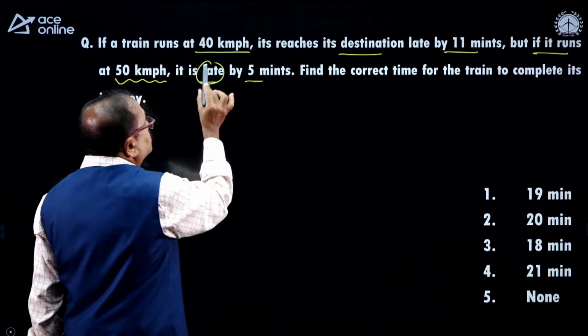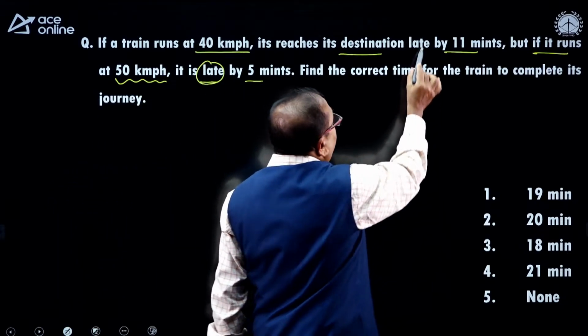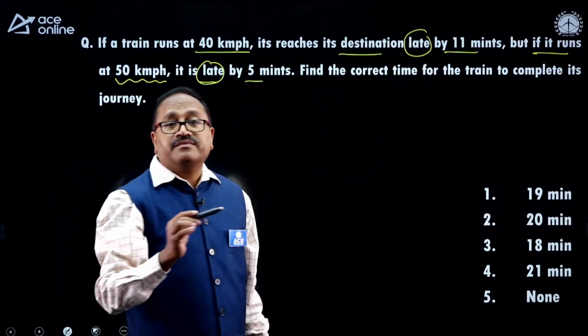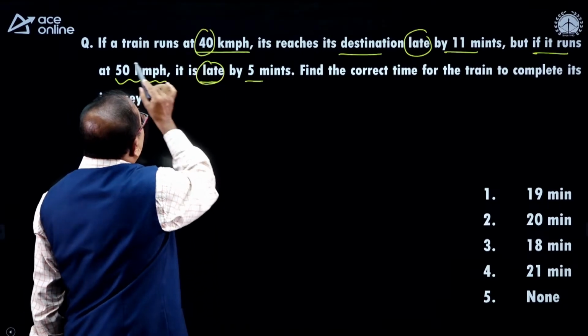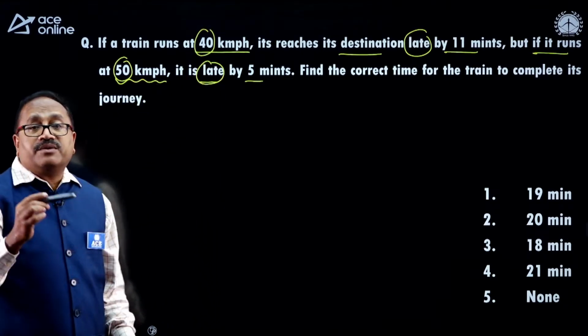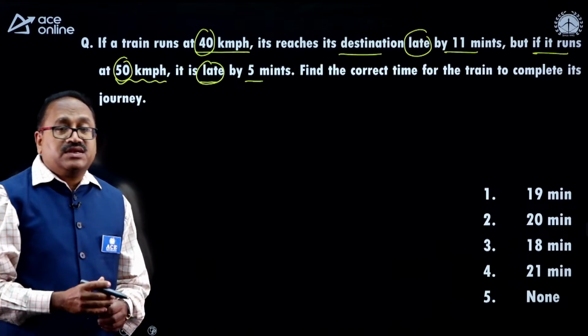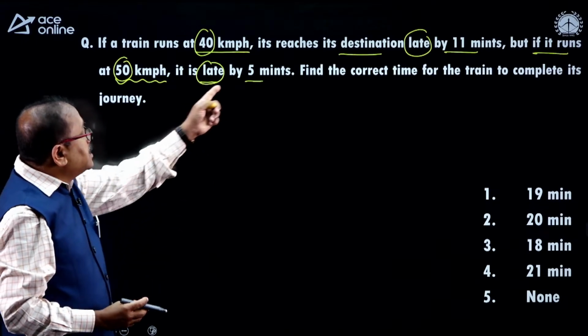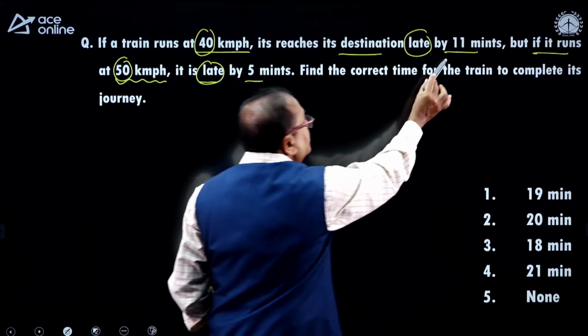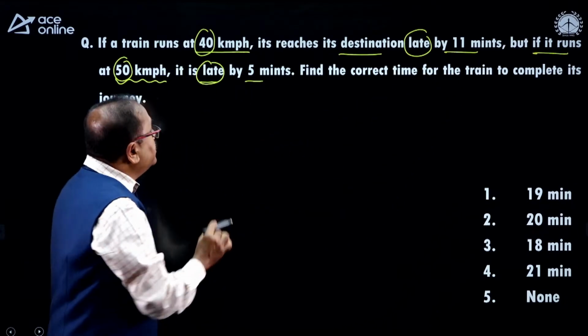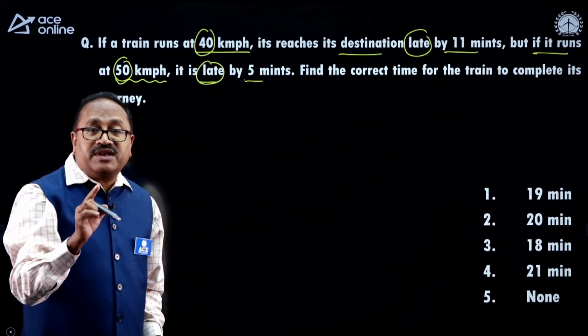Here also it is late, and here also it is late. But when the speed is increased from 40 km per hour to 50 km per hour, the late time is reduced. In the previous case it was 11 minutes late, and here it is 5 minutes late.